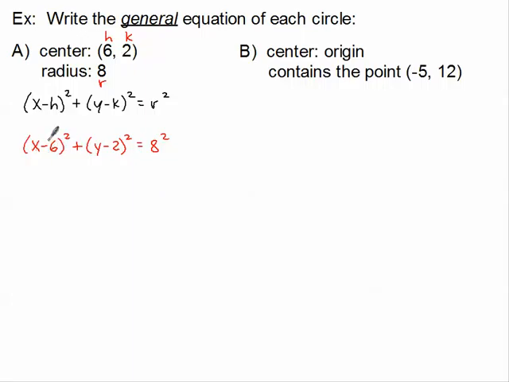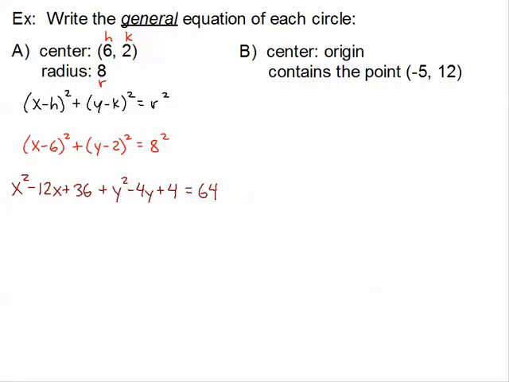So I'm going to go ahead and FOIL this x minus 6 quantity squared. Hopefully by now you've seen the pattern. X squared minus 12x plus 36. If you need to write them side by side to FOIL, that's absolutely fine. The y quantity is going to become y squared minus 4y plus 4, and that is all equal to 64.